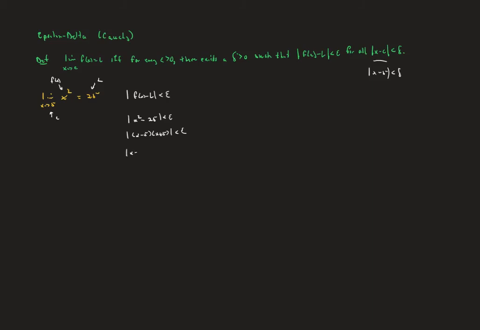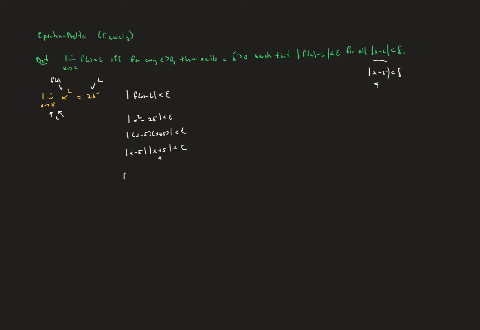We can split up our absolute value, and we would like to save the x minus 5 and get rid of the x plus 5, but we can't just divide by x plus 5 because for the wrong choice of x, that would be dividing by 0. So we remember that we're trying to take the limit as x goes to 5, so we're really only interested in values of x that are close to 5, and we're free to decide what we think is close to 5.